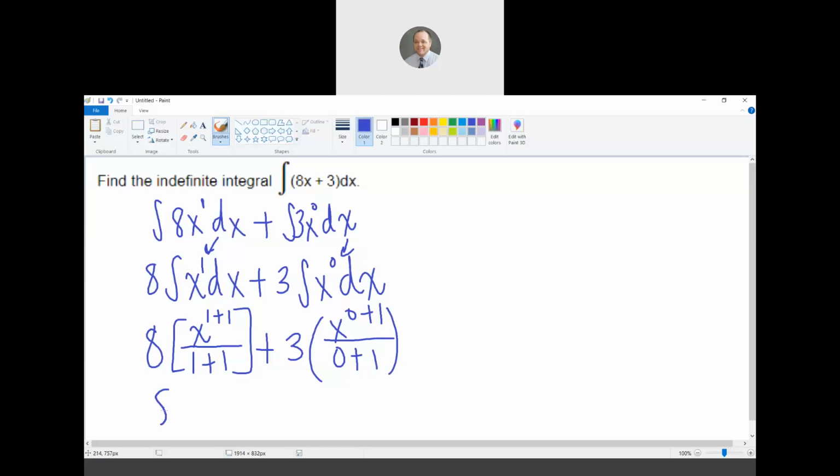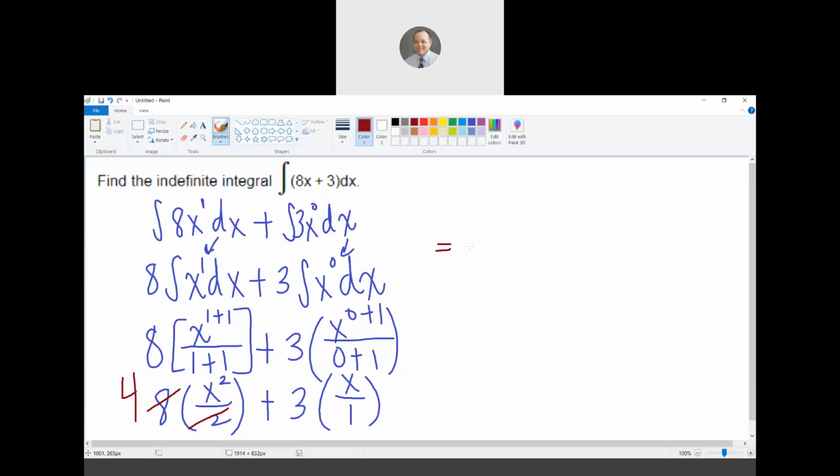So the first antiderivative simplifies to x squared over 2. The second antiderivative is x to the first power, or just x, over 1. Going back to the first antiderivative, 2 can go into 8 4 times.